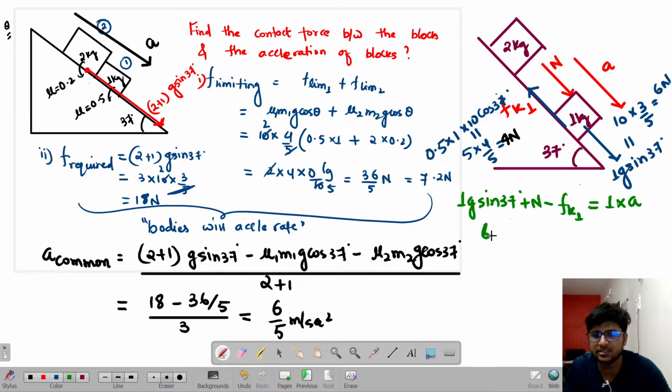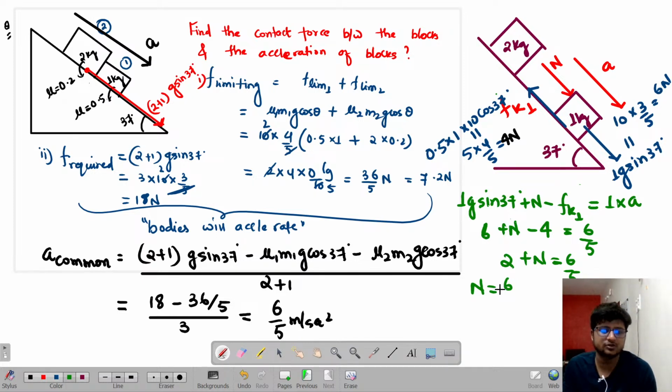So this is 6 Newton, 6 plus N minus 4 is equal to 6 by 5. So this is basically 2 plus N is equal to 6 by 5, and N is equal to how much? Still I'm getting negative only. It should not come as negative. There's some silly mistake happening over here.